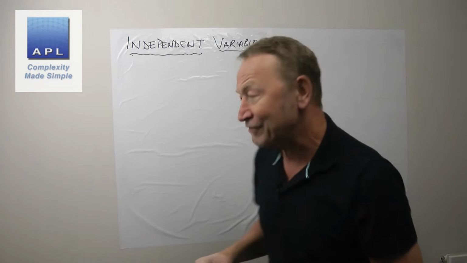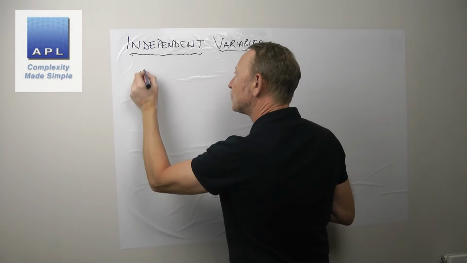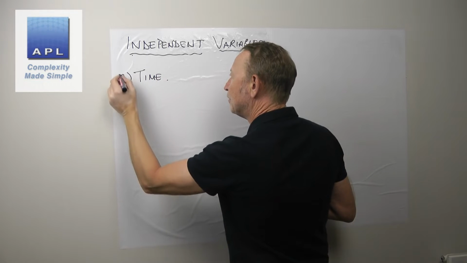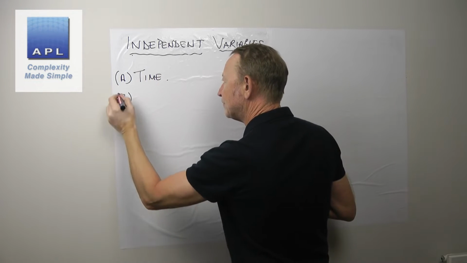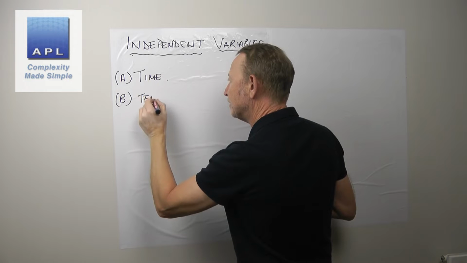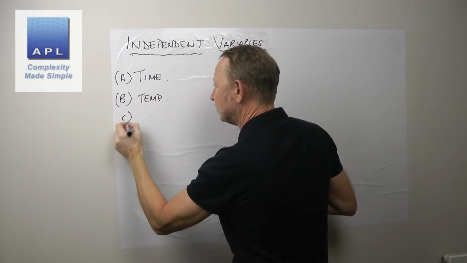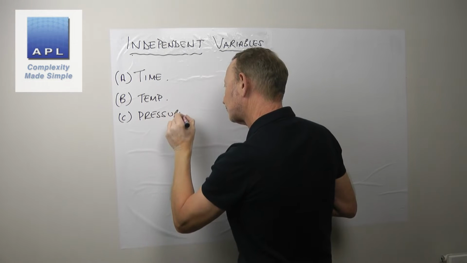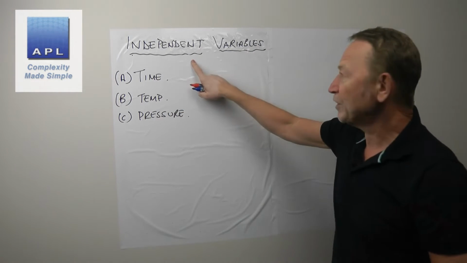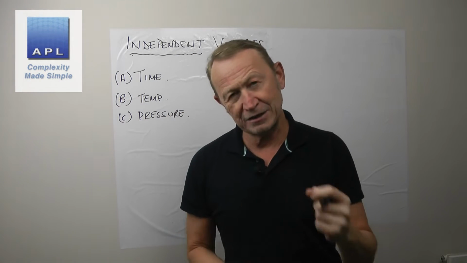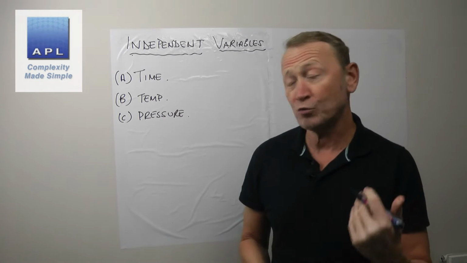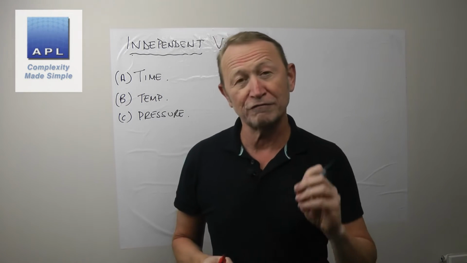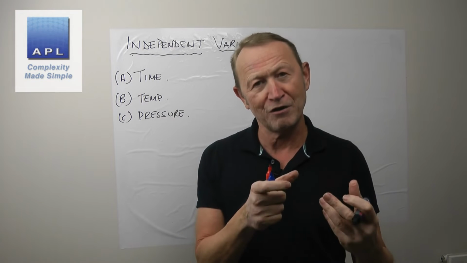So let's say you have a system. Let's say the variables are variable A, time, variable B, temperature, variable C, pressure. When we use the term independent variables, what we mean is these 3 are going to be moved on their own.